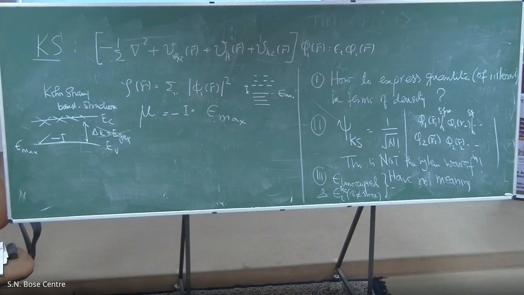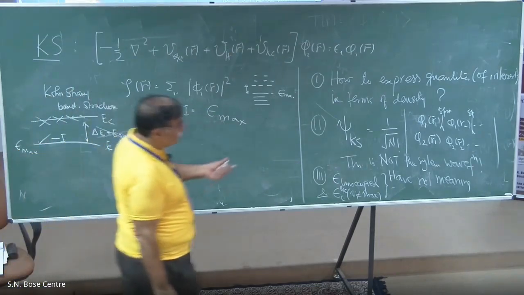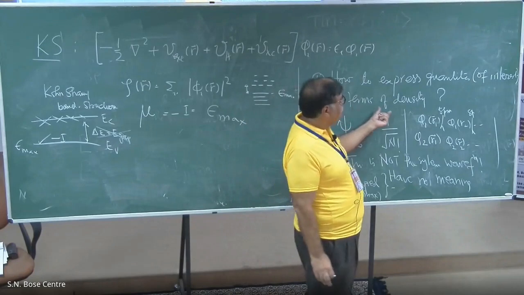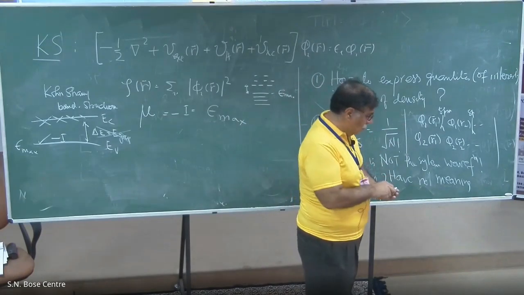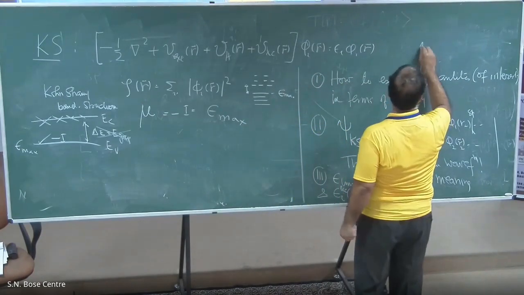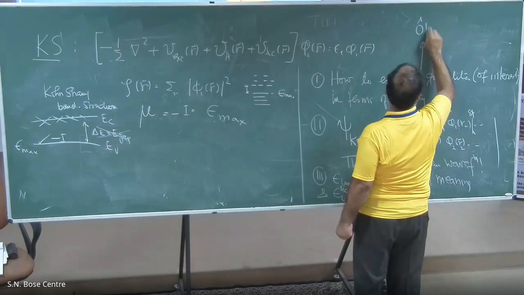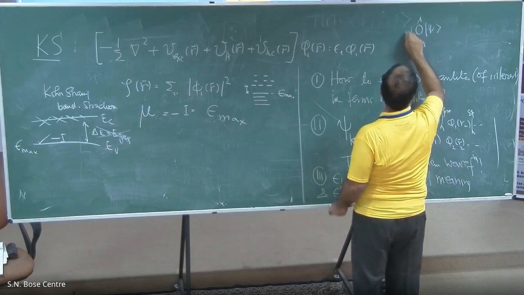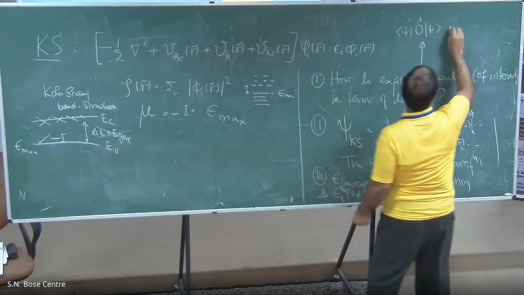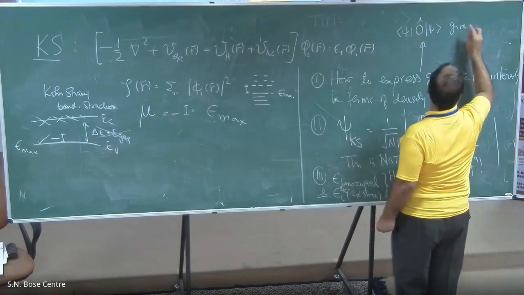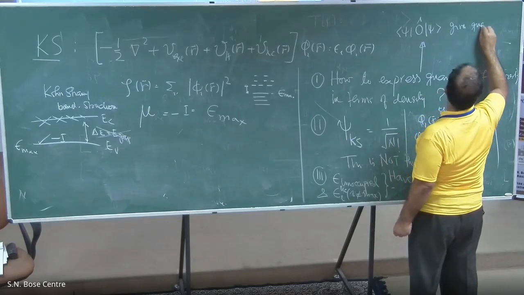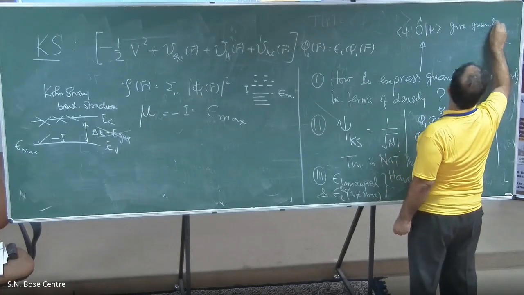Now, let me talk about some of this. I said what they do not do, and what you should be doing. For example, expressing everything in terms of density is not easy. In wave function theory, you have an operator for an observable, and you calculate the quantity or its expectation value.